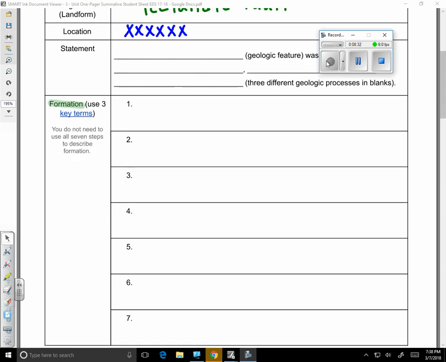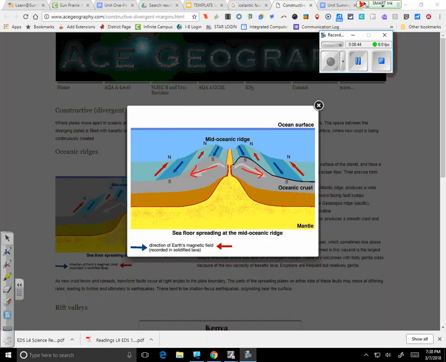Next, on your graphic organizer, I need you to write the first step in the formation of this fault. You need to write it here. Remember that what's happening in the first step is that you have two plates that are diverging or spreading apart.